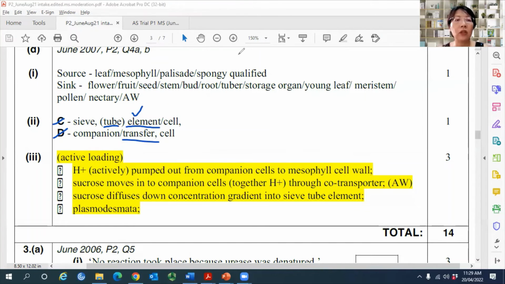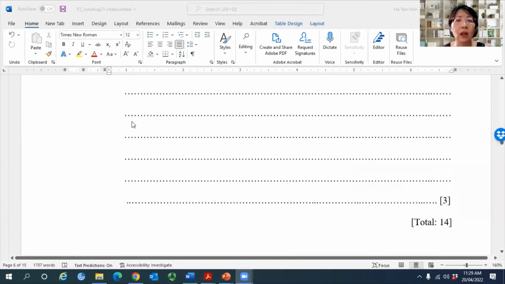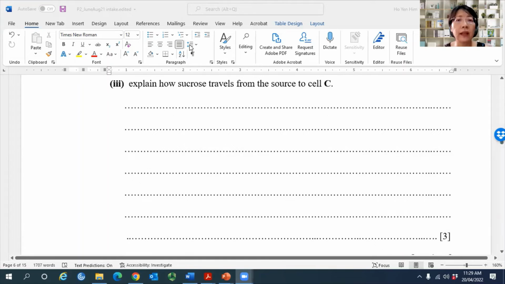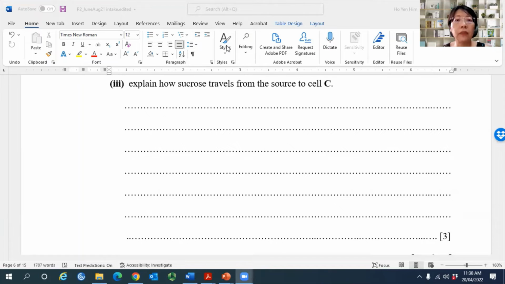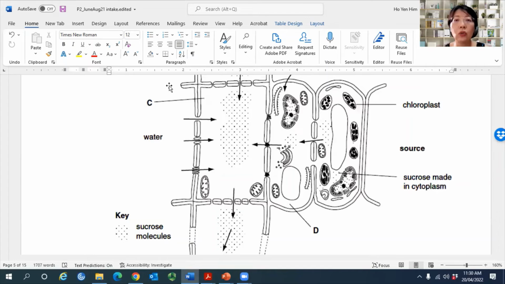Okay, now the next question is where a lot of students do not answer the question and write a lot of things that are not necessary. The question asks the student to only explain how sucrose travels from the source to cell C only, for 3 marks. So you only need to tell me the process from the source to cell C, from here to here only.